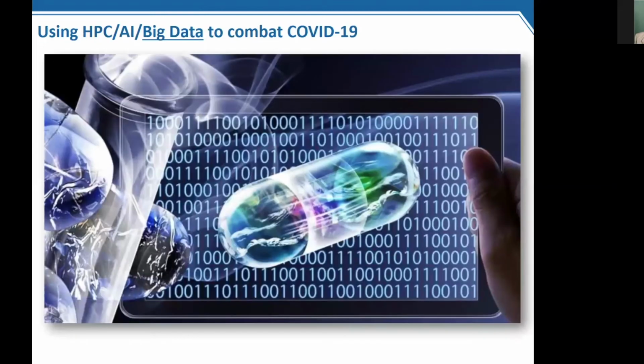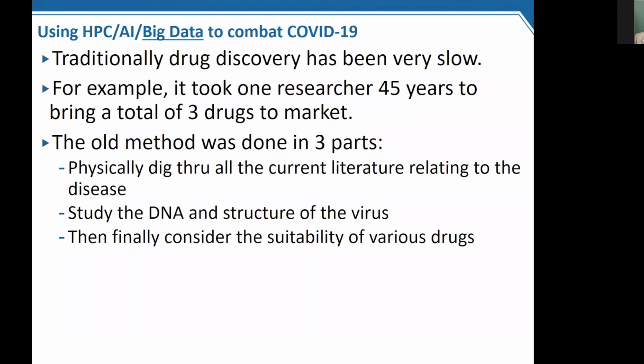The other one that I'd like to share with you is how current high performance computing combined with AI and big data is being used in the battle to fight COVID-19. Now, a little background of where AI is being used, AI and open source code.